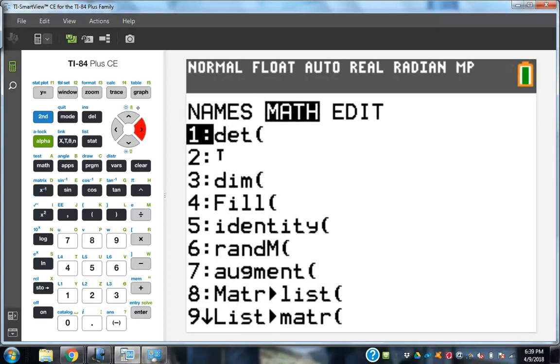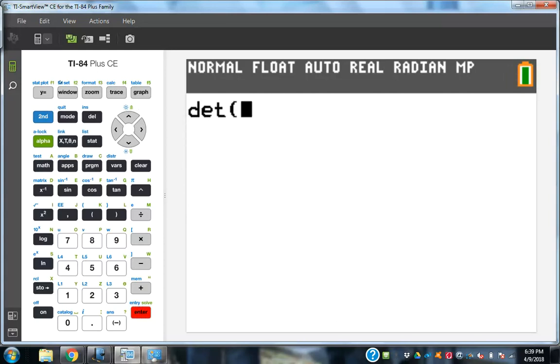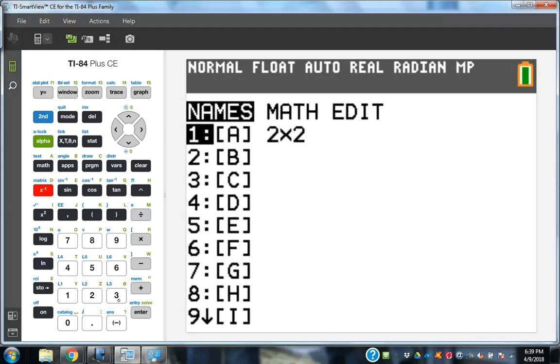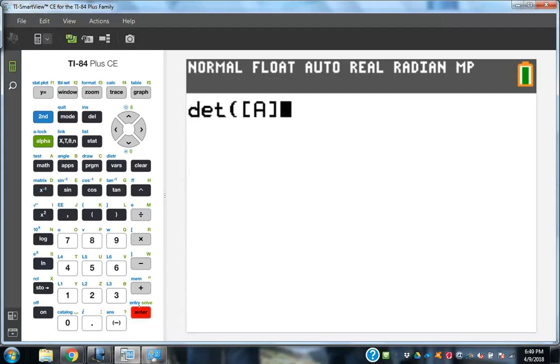The good thing is with this one, you don't have to go anywhere. DET is right there at the top. So we pick that choice, DET, and then tell it what to find the determinant of. Determinant of matrix A is the one I put it in. So wherever you put that matrix, go get it. Second matrix, I put it in matrix A.